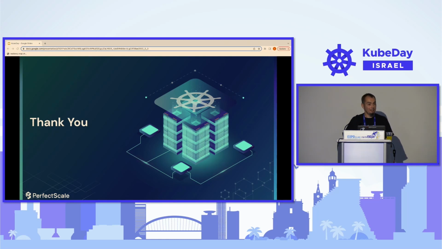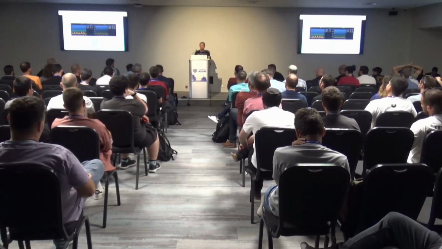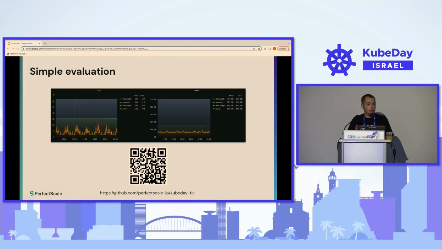What is the solution? That's a great question. That's a very good question. I like it. So, first of all, start with evaluating. Understand if you need to invest in that. In some situations, maybe, you will find that you don't have those seasonality waves and you don't need to invest at all. Like, everything is working fine. In some cases, you may come to the conclusion that you don't need HPA at all.